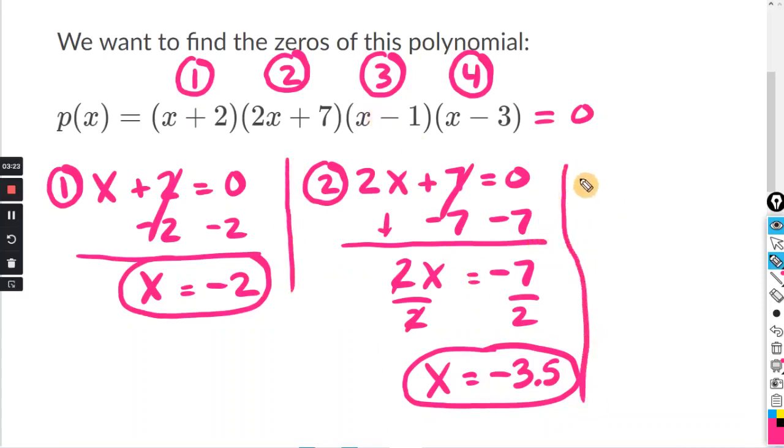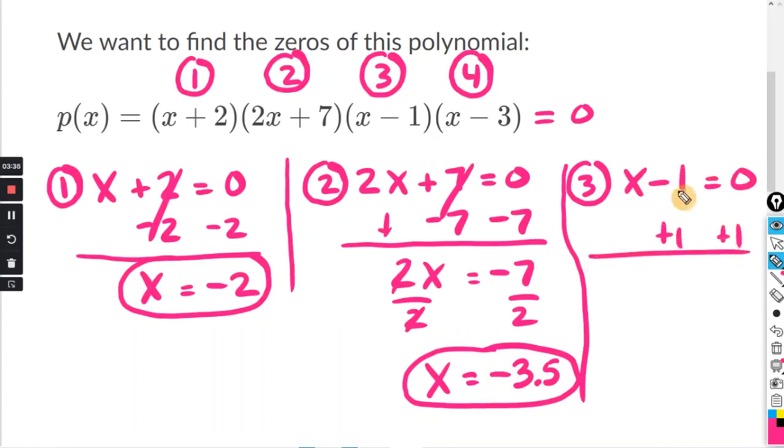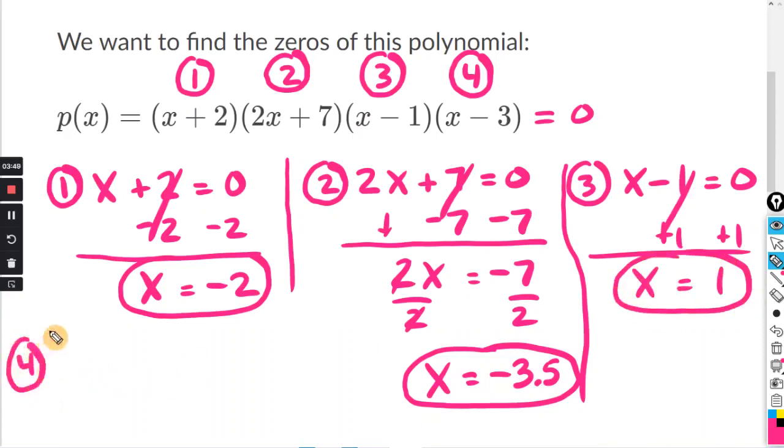For part 3, x minus 1 equals 0. Okay, adding 1 to both sides. 1 minus 1 cancels. Bring down your x, and 0 plus 1 equals 1. Okay, finally, part 4. x minus 3 equals 0.